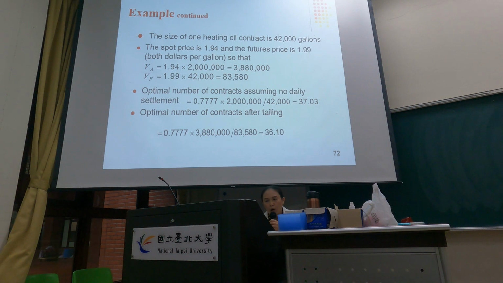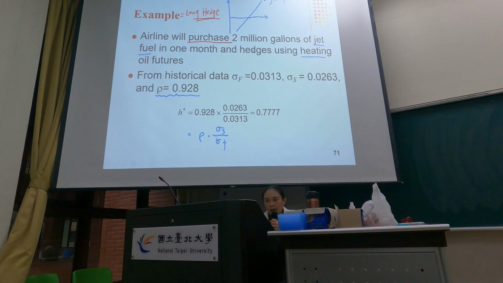The size of one heating oil contract, that's the futures contract size, is 42,000 gallons. And the question says 2 million, that's our spot.